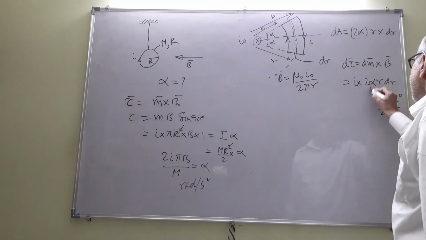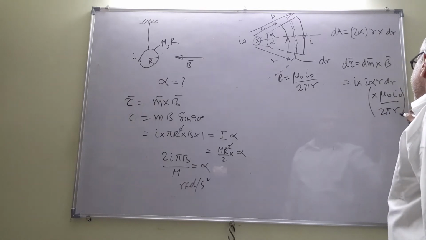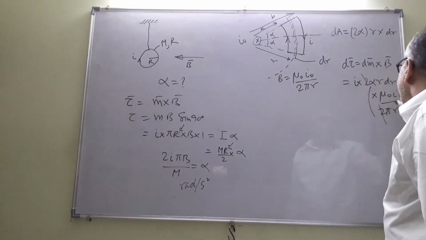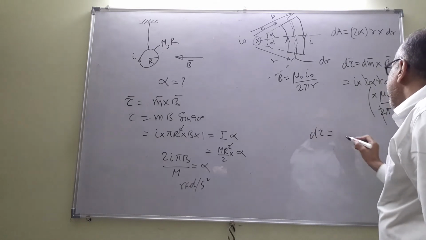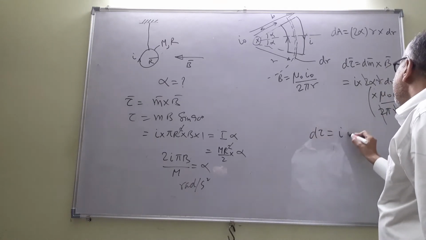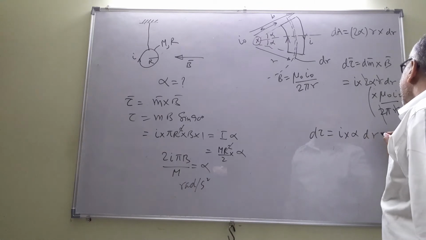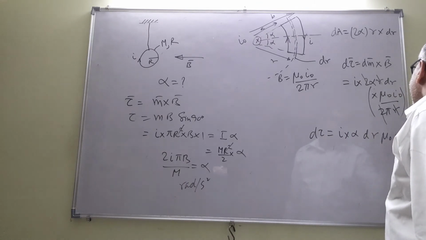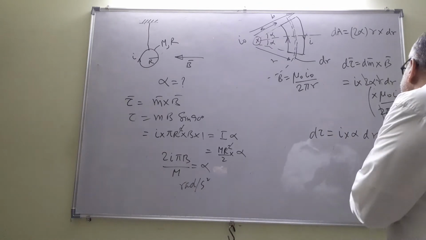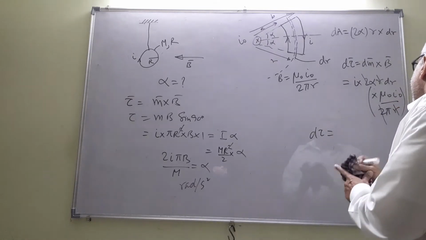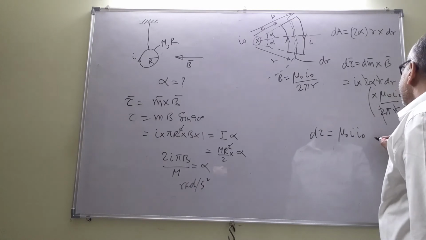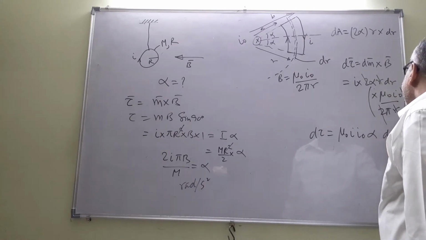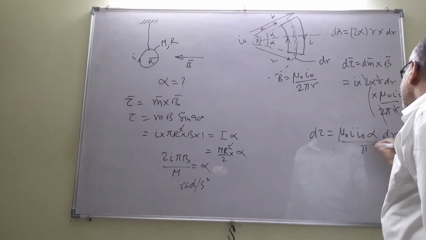So r would cancel, 2 cancels, and I get d tau as mu naught I into I naught into alpha into dr by pi.